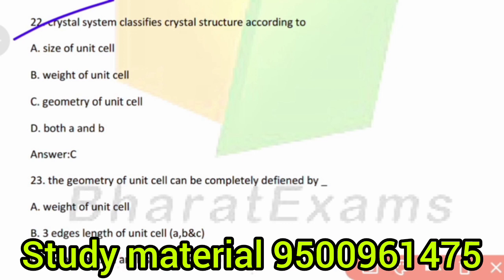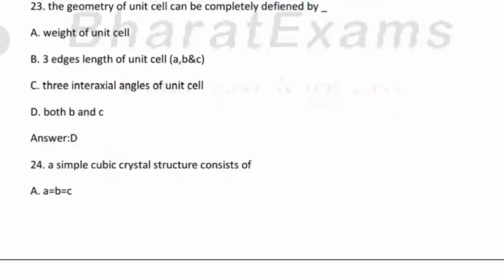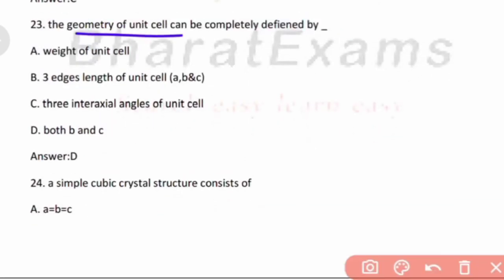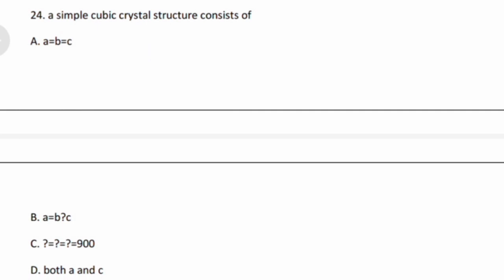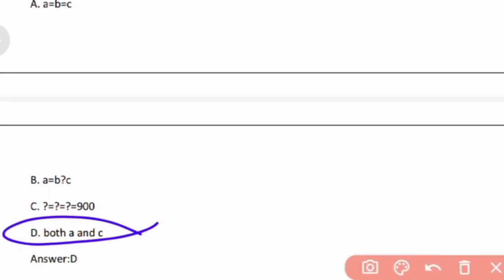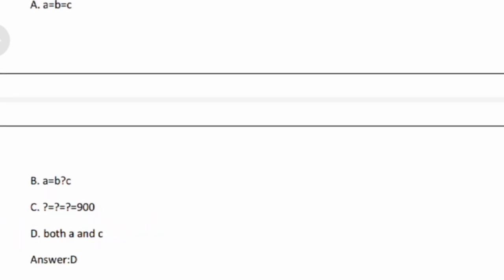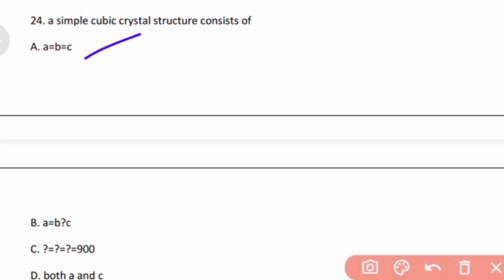Crystal system classifies crystal structure according to the geometry of the unit cell. The geometry of a unit cell can be completely defined by both B and C. A simple cubic crystal structure consists of, option D, A and C: a equal to b equal to c, and alpha equal to beta equal to gamma equal to 90 degrees.